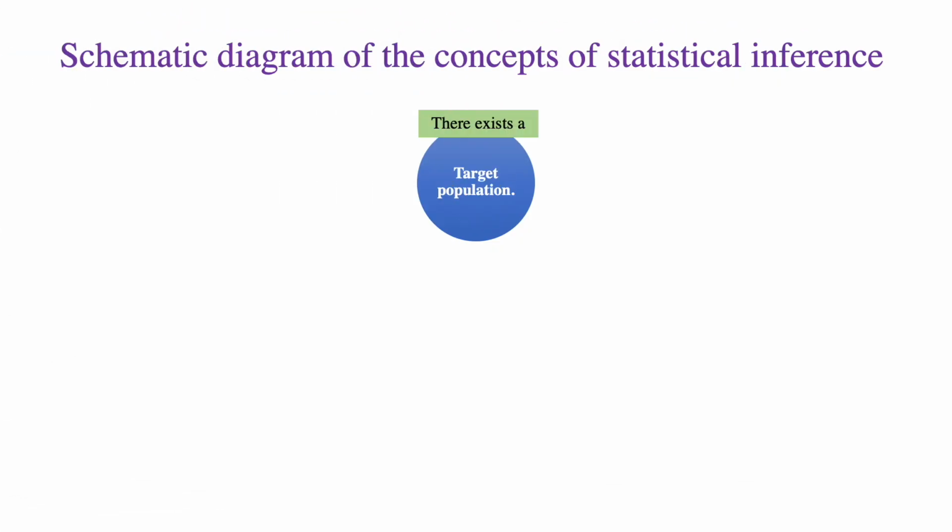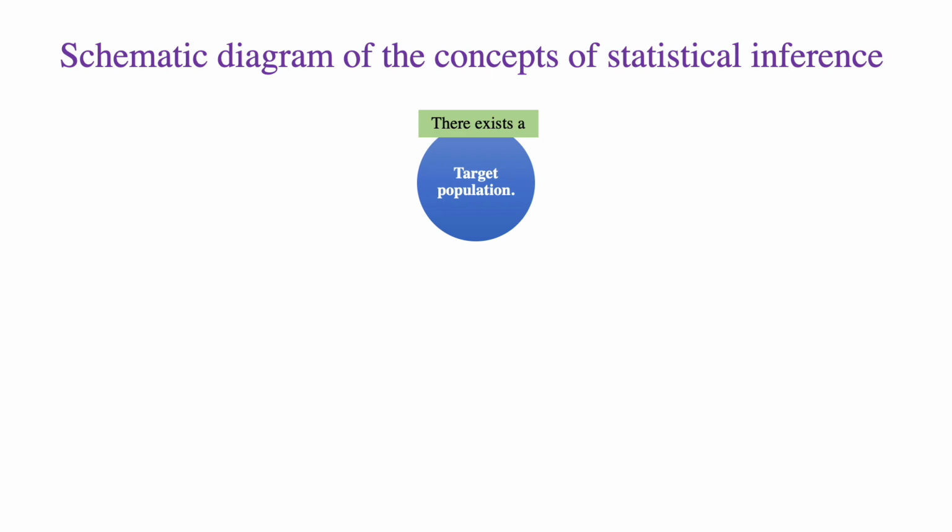Now, let me expound more on the definition of statistical inference. You have, for instance, a target population, and typically such populations are so large that it's really impossible to measure the characteristic of interest in each and every single member of that population.